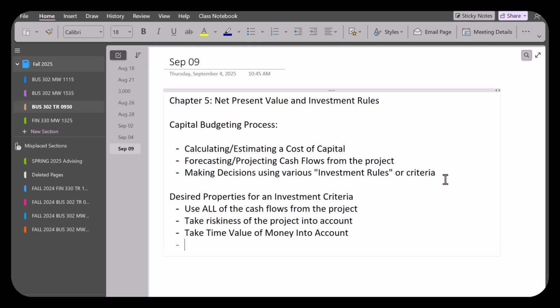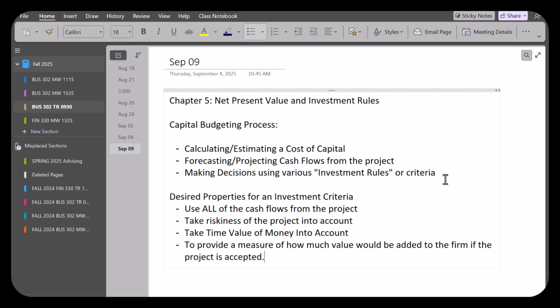And we want the criteria to provide a measure of how much value would be added to the firm if the project is accepted.